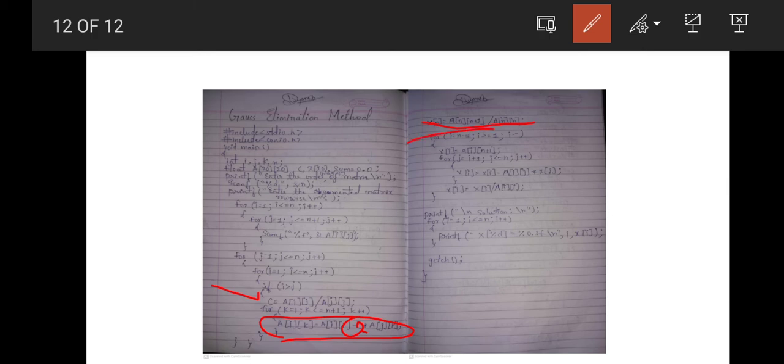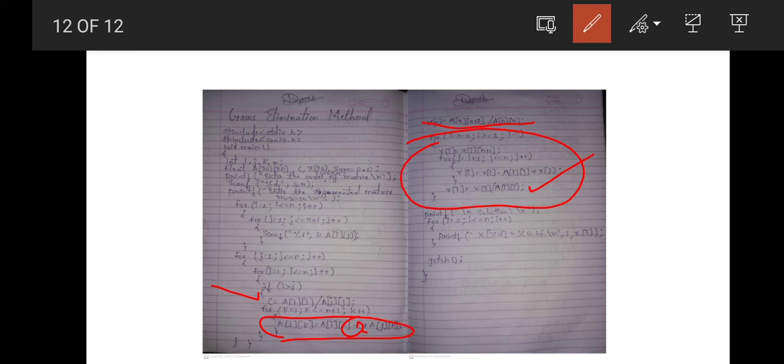So this whole is a back substitution method in which we have x of i is equals to a of i, n plus 1, and then we have for loop for j is equals to i plus 1 to j is less than equals to n, j plus plus. Then we have x of i is equals to x of i minus a of i, j into x of j. This is calculating the value of x, then the x value is put in equations to calculate y and z.